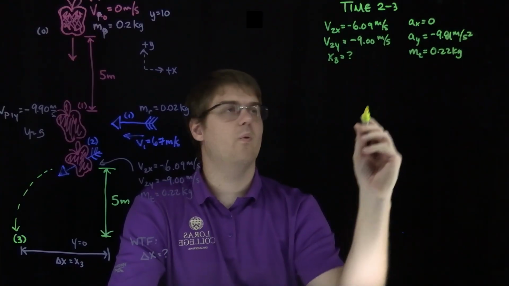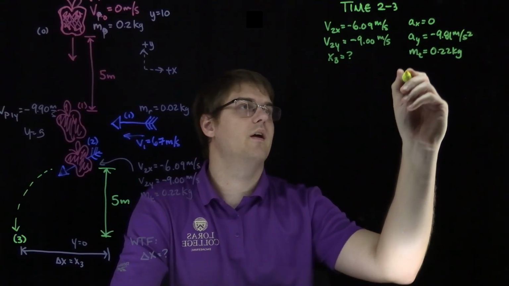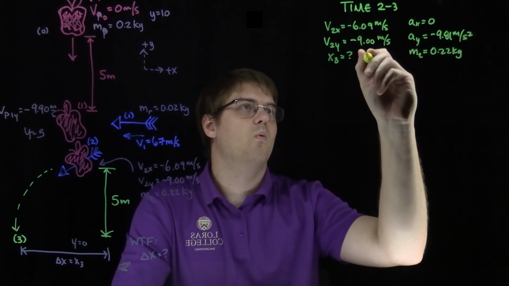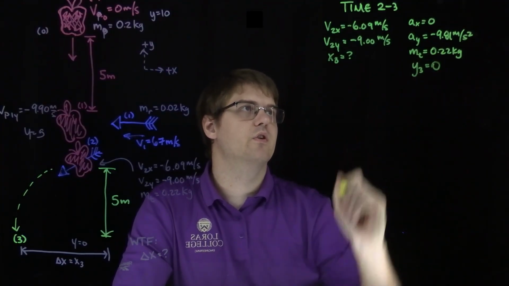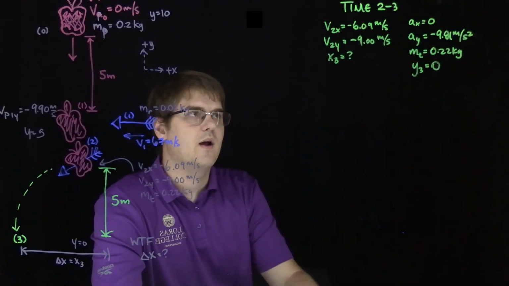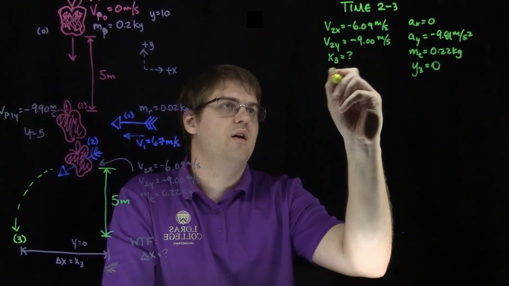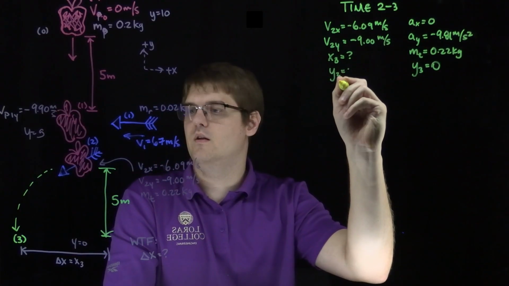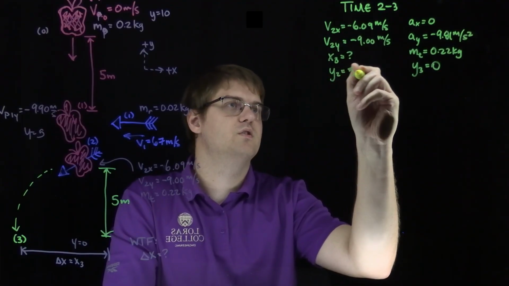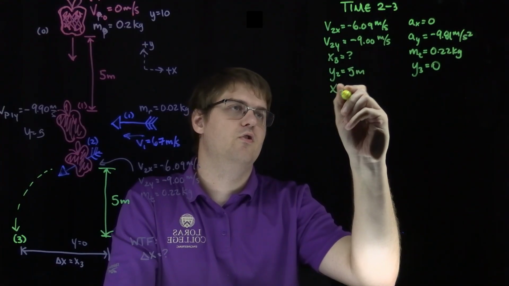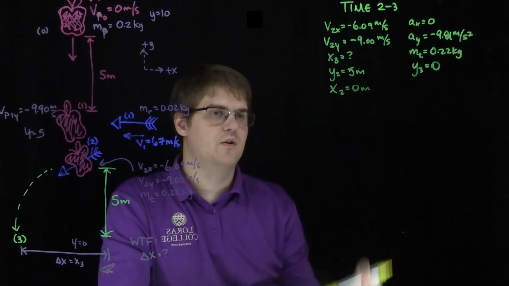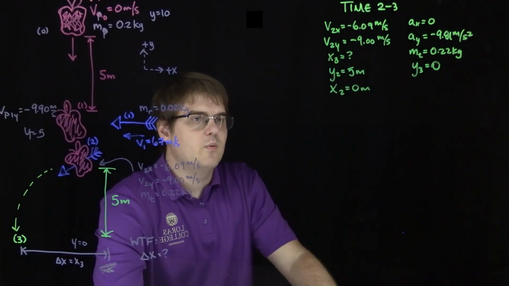And what I do know, I am missing one thing, and that is I know y at time 3 is going to be equal to 0. It has hit the ground at that, and y at time 2 is going to be equal to 5 meters. And technically, x at time 2, we know, is 0 meters. So that's what we have.